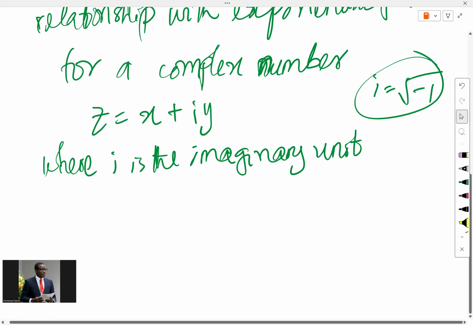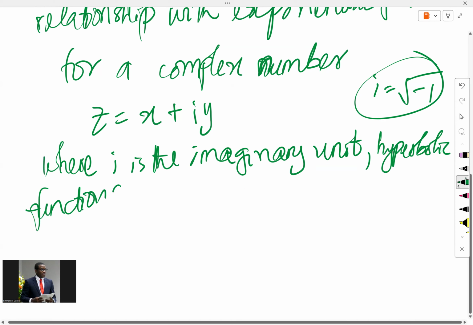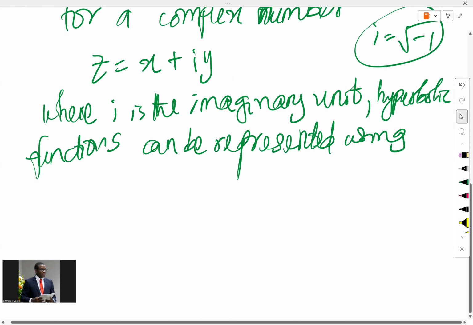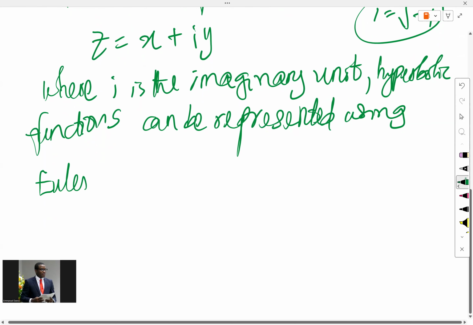So we see the hyperbolic functions can be represented using Euler's formula.